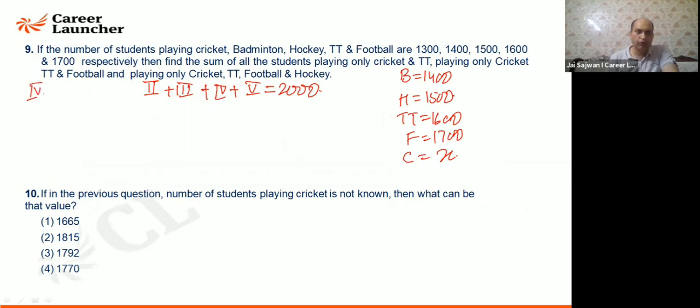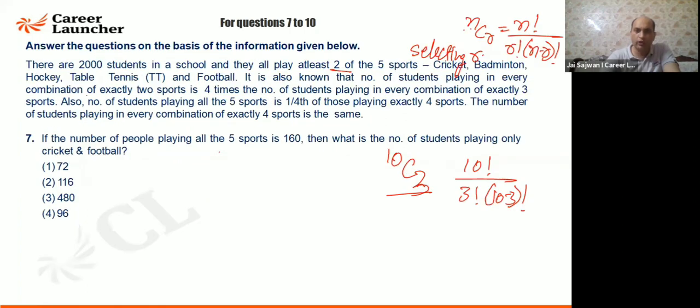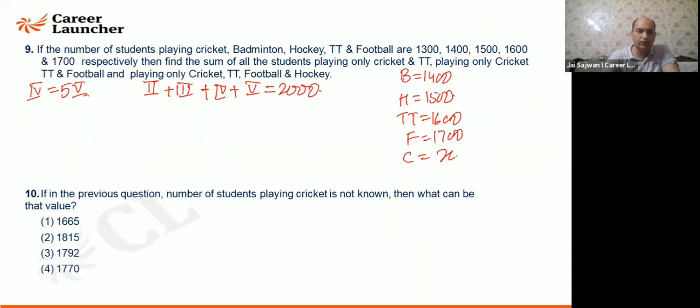So people who are playing 4 games will be 5 times of 5 games. And it is also given that people who play 2 sports is 4 times of 3 sports.